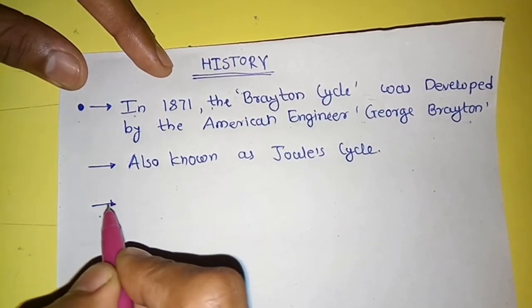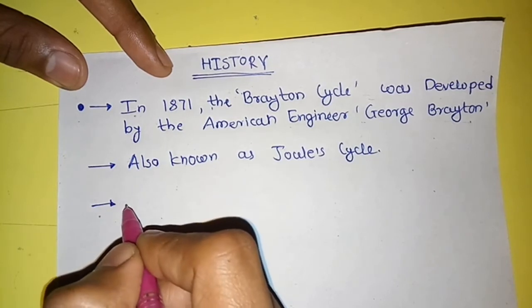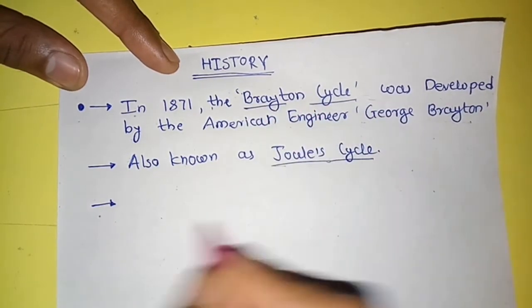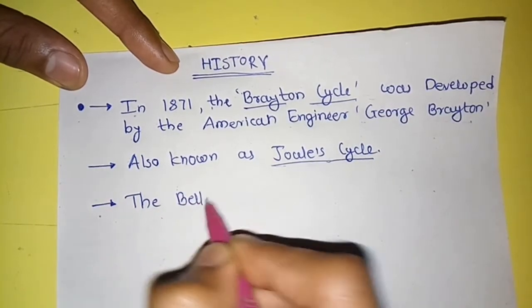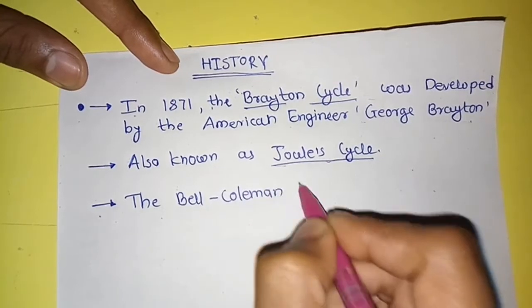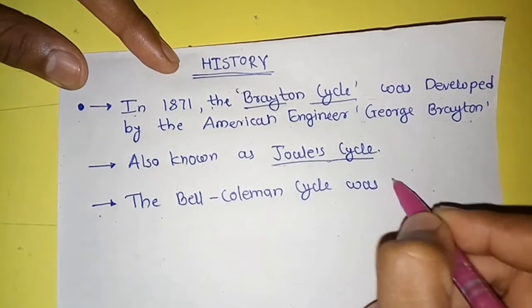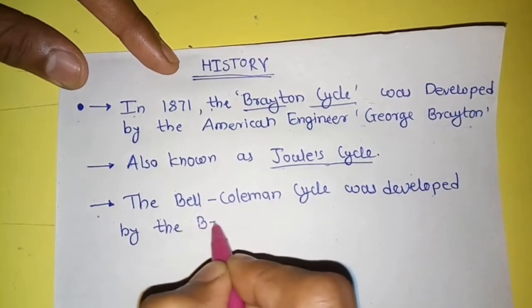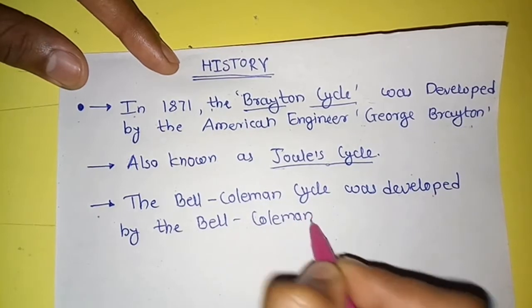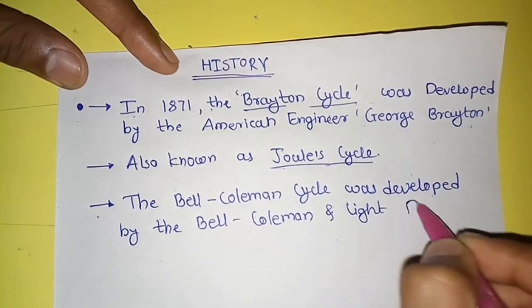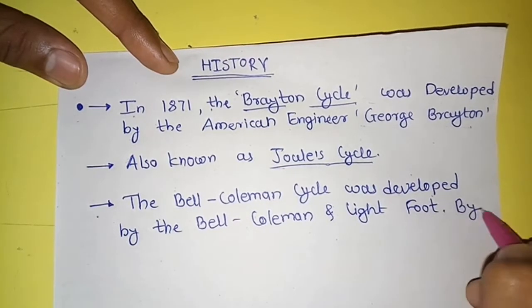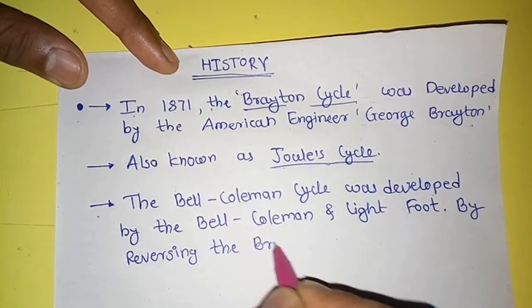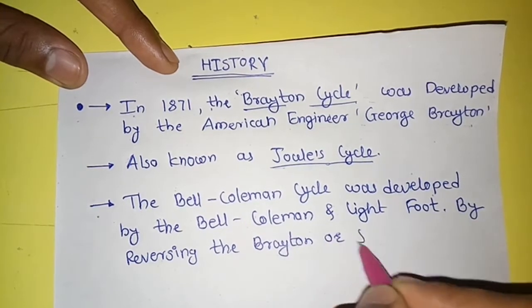After that, the Bell-Coleman cycle was developed by Bell-Coleman and Lightfoot by reversing this Brayton cycle or Joule cycle.